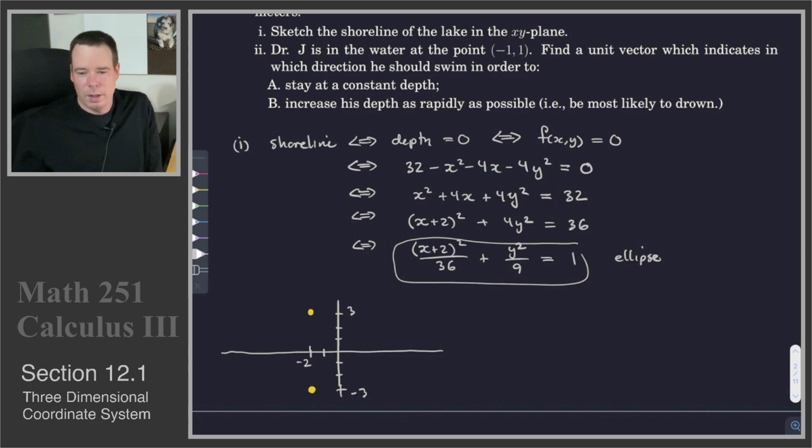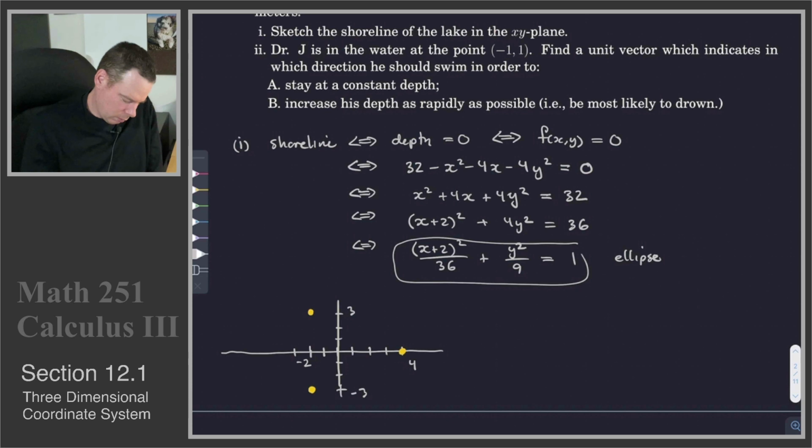What about when y is equal to 0? Well, when y is equal to 0, I get x plus 2 squared is equal to 36, or x plus 2 is plus or minus 6. So that means it's going to be 6 on either side of -2. So we get -1, 0, so that's plus 2, and then 3, 4, 5, 6. So out here at 4.